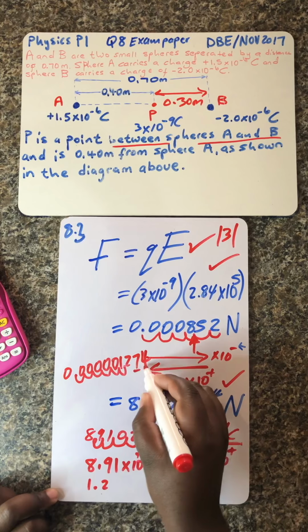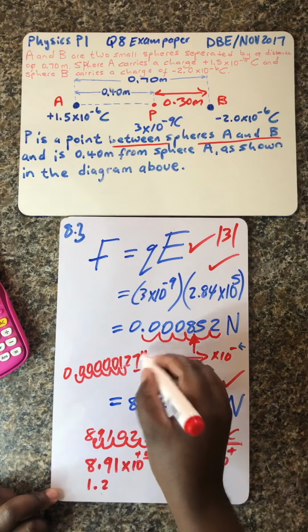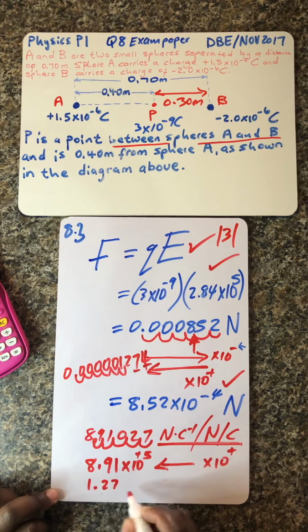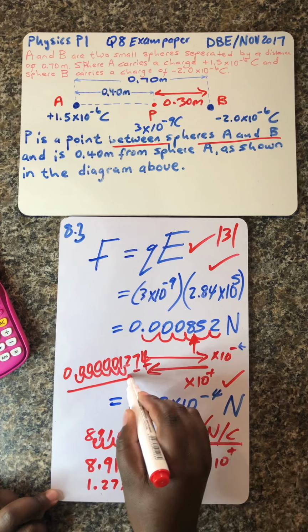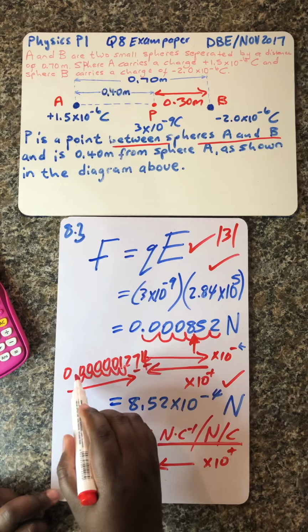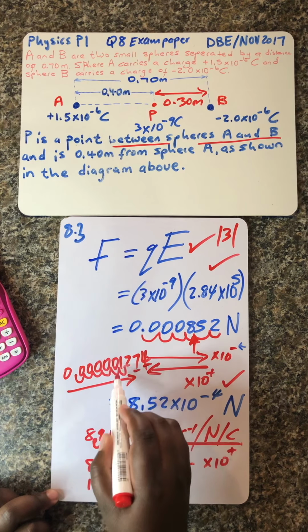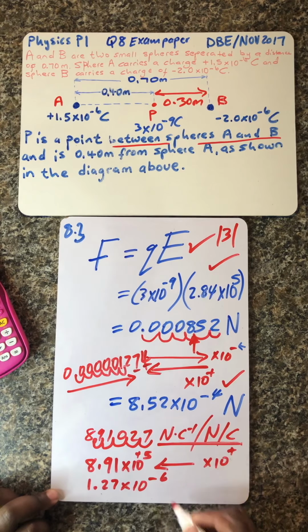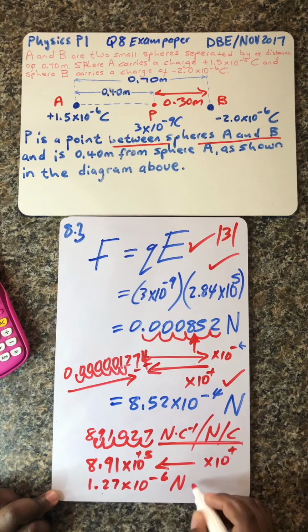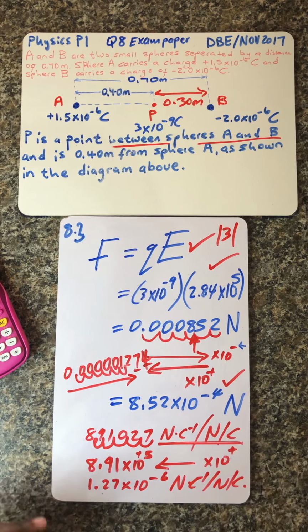Obviously it's 7, you can't round it to be 8. Then it's times 10 to the exponent negative number, because you're counting from left to right. How many times? 1 2 3 4 5 6. Then it becomes negative 6. Then the unit, whatever unit it is, you give it that particular unit. It obviously will be dependent on the question that you'll be solving.